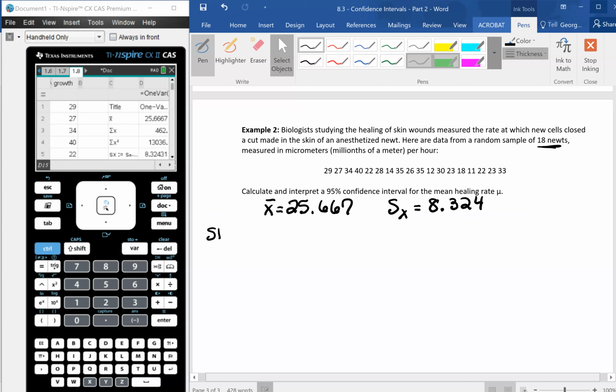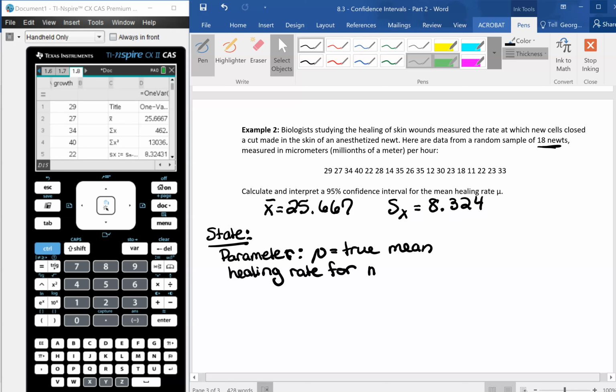For our state, we need to name our parameter, show our statistic, and say our confidence level. So for parameter, it is mu, which is the true mean healing rate for newts.